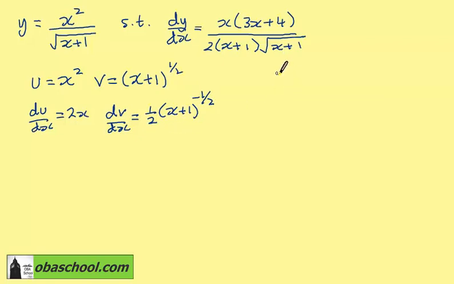We know the quotient rule is that dy/dx is v du/dx, take away u dv/dx, all over v squared.